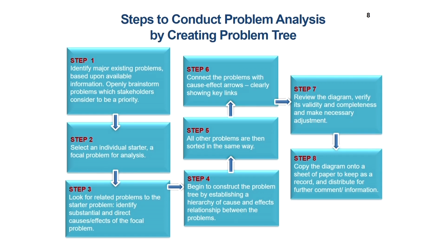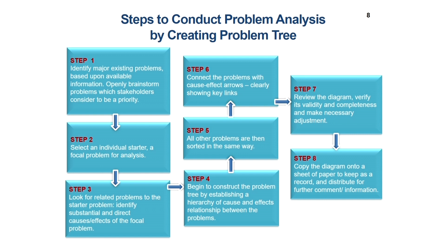Now, the next step is to conduct a problem analysis by creating a problem tree. In this, we go step by step. In step 1, we start by identifying major existing problems based upon available information. We openly brainstorm problems which stakeholders consider to be a priority. In step 2, we select an individual starter, a focal problem for analysis.